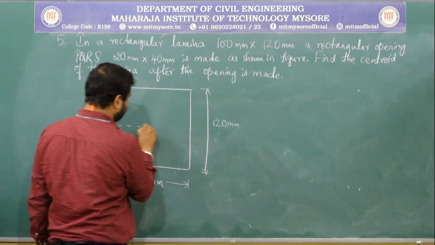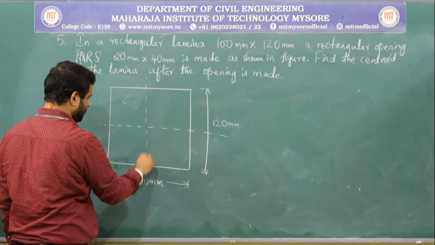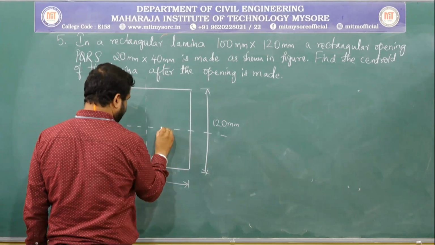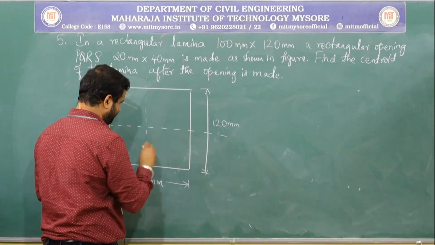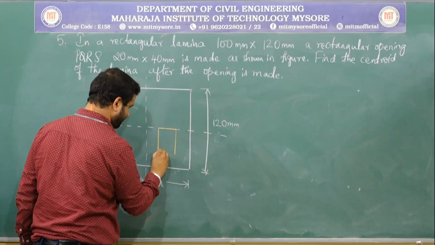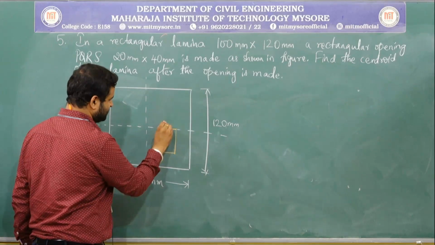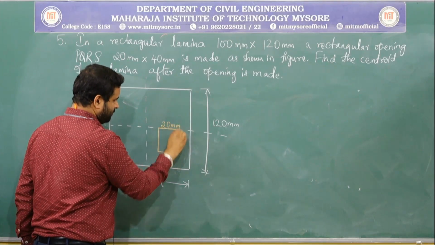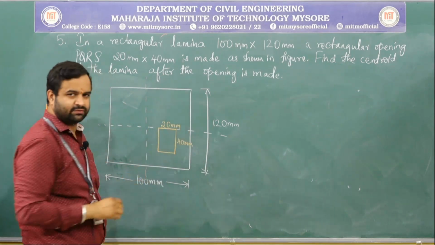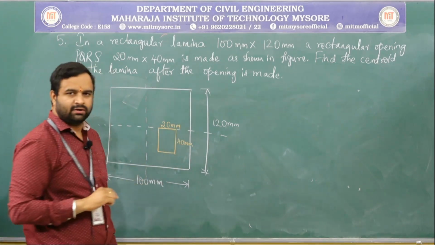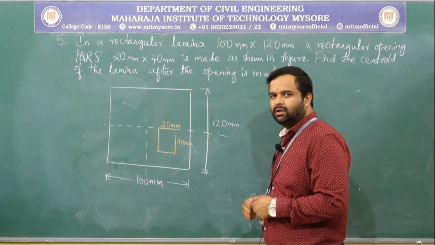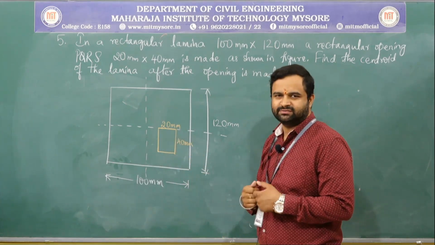They have given the axis as well and this is the opening made. The size of this opening is 20 mm by 40 mm. So, this width is 20 and this distance is 40 mm. So, we need to locate the center of this particular lamina after this cut is made.